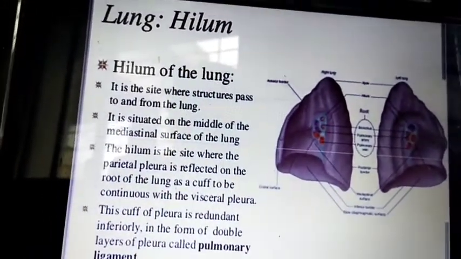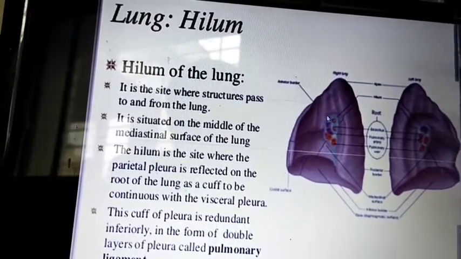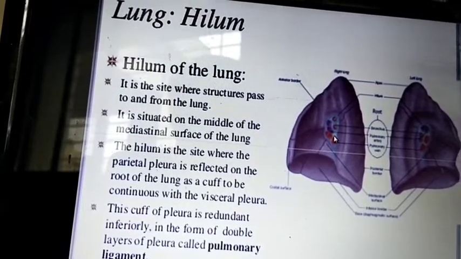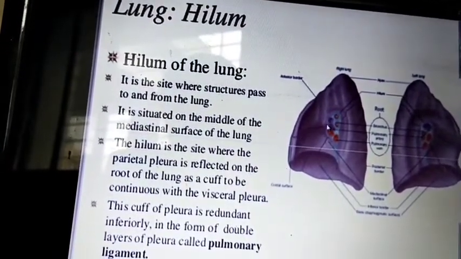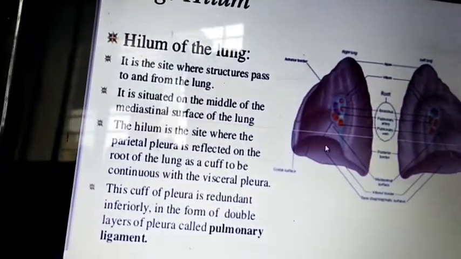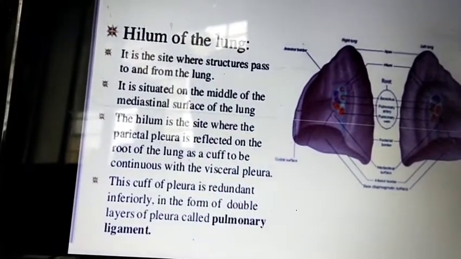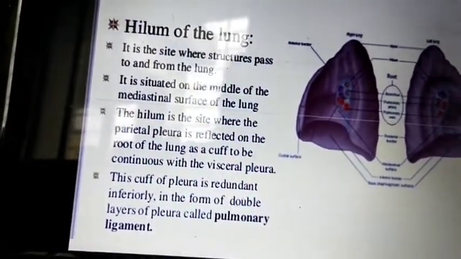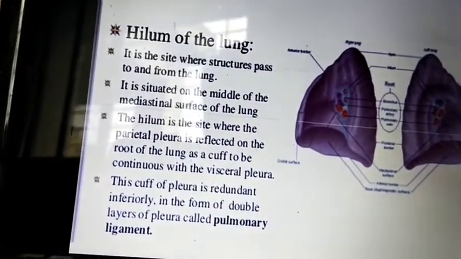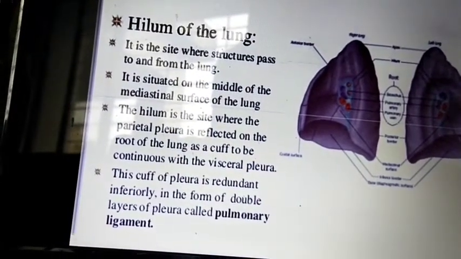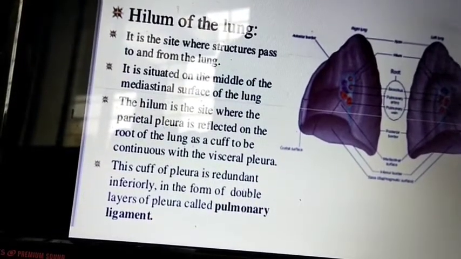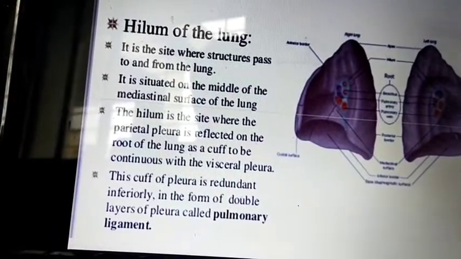Hilum means the area from where structures move inside the lung and come outside. It is a site where structures pass to and from the lung, situated on the middle of the mediastinal surface of a lung.